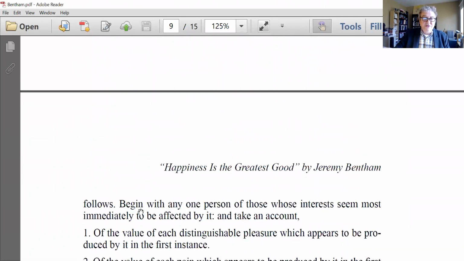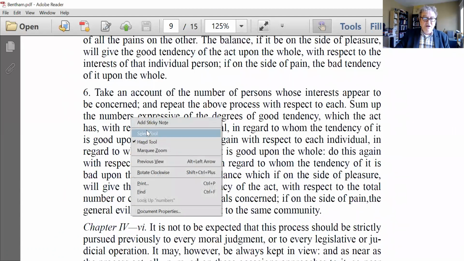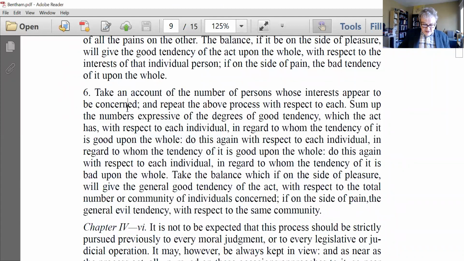And let's see, here we have a succinct explanation of how to actually do the calculus. So he says, if we're trying to decide on two actions, we're going to ask the utilitarian question, which is, what are the results of the actions?